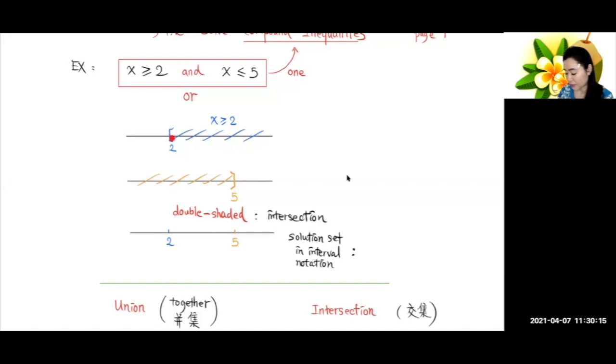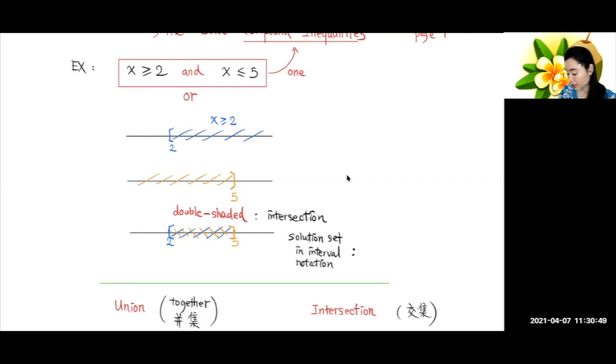Okay. So greater than or equal to 2, less than or equal to 5, so it will be between 2 and 5. Greater than or equal to 2 is on the right side of 2, but it also has to be less than or equal to 5, so that will be on the left side of 5.